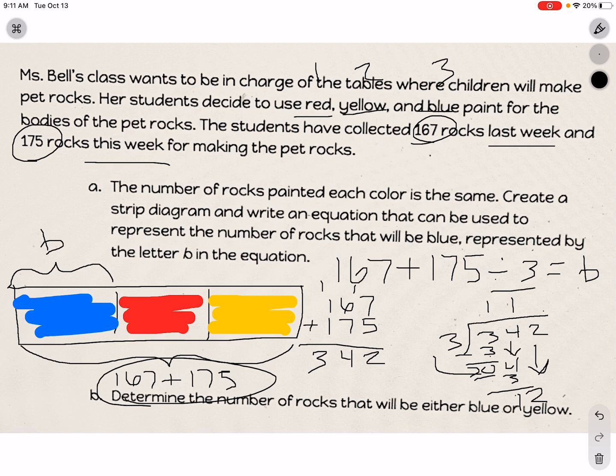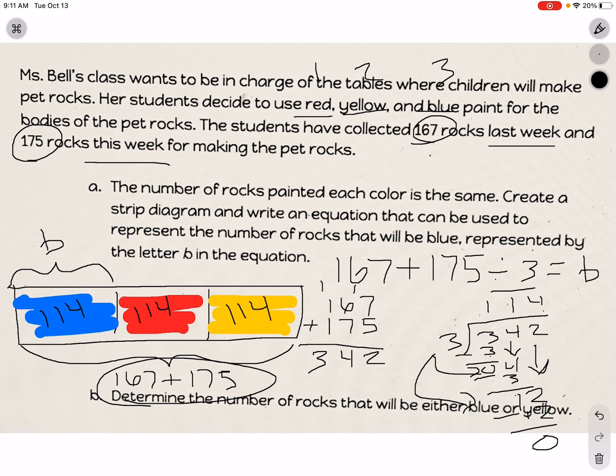How many times can 3 go into 12? 4 times. 4 times 3 is 12. If you subtract them, you get 0. So how many rocks will we paint each color? 114 blue, 114 red, and 114 yellow.